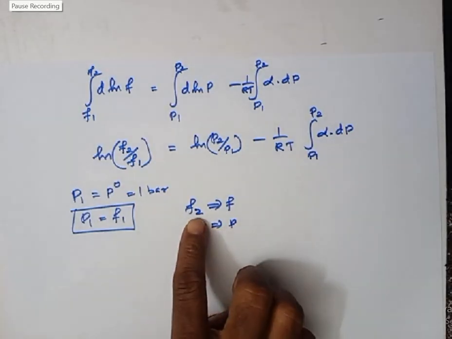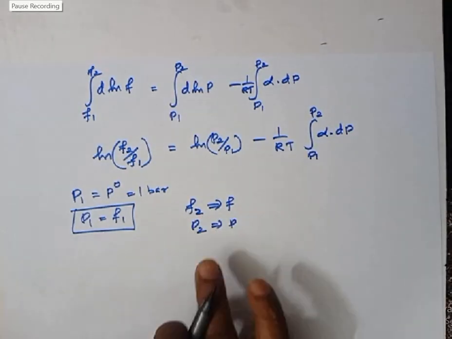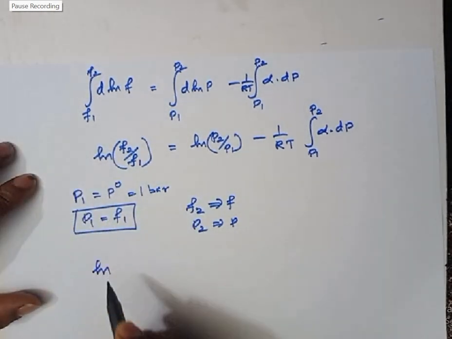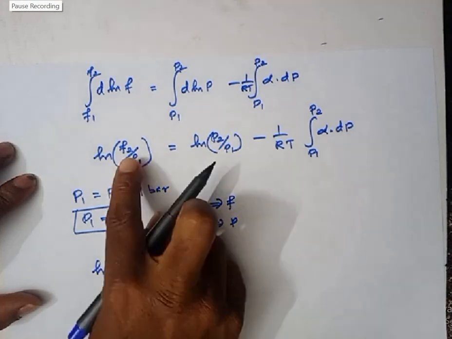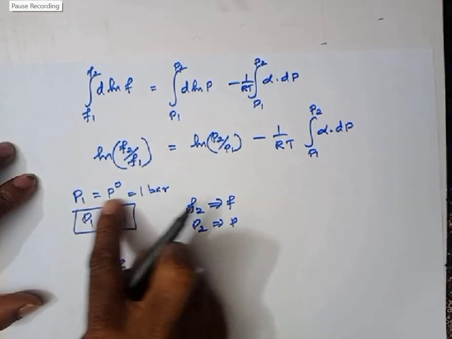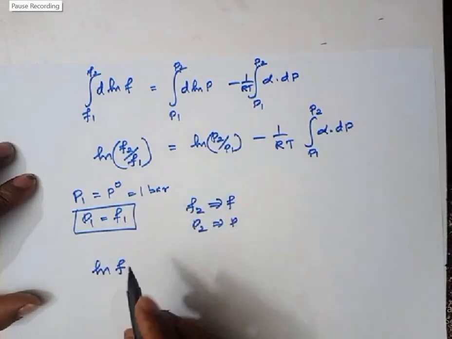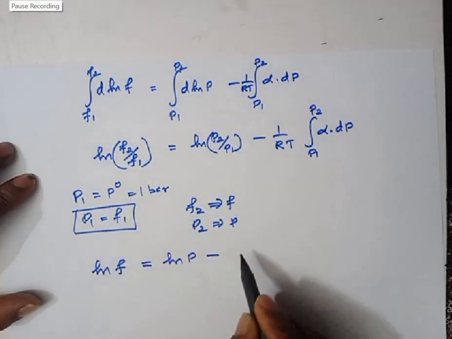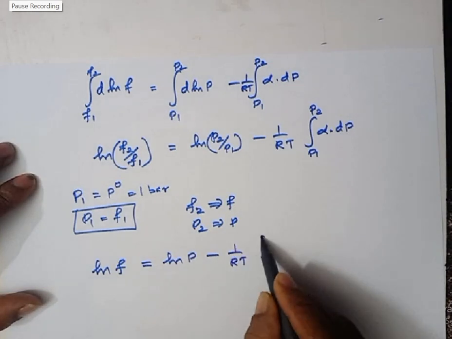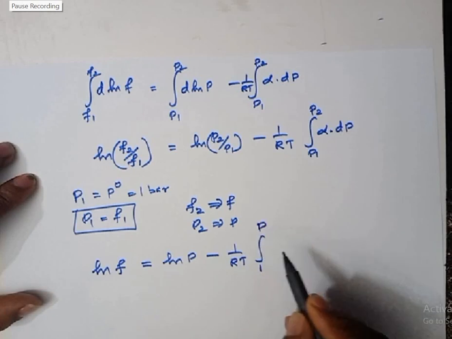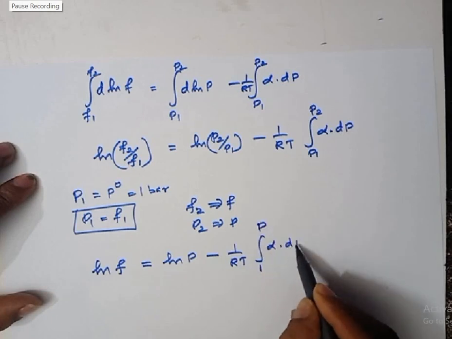So in the place of F2 I'll put F, in the place of P2 I'll put P. So what we get is ln F, since P1 and F1 are equal, P1 is 1 bar and F1 is also 1 bar, so ln F equals ln P minus 1 by RT integral, P1 is 1 and P2 is P, alpha into dP.